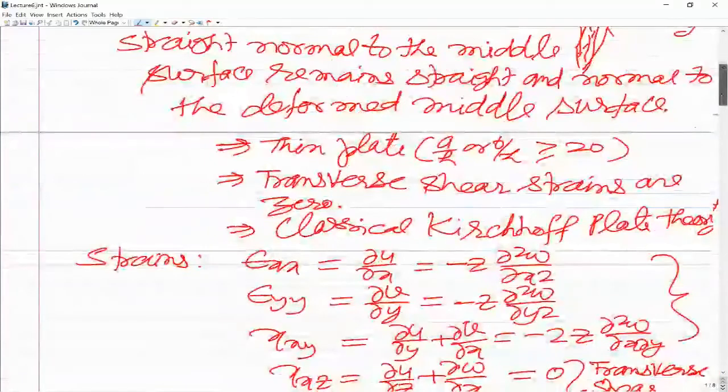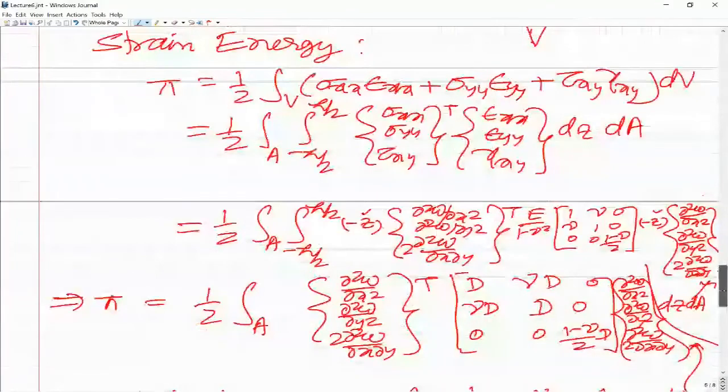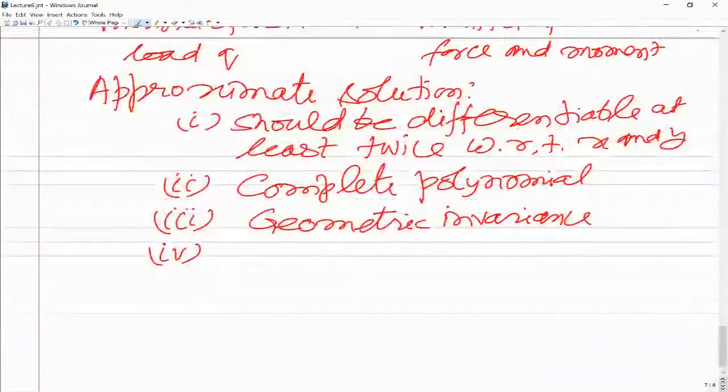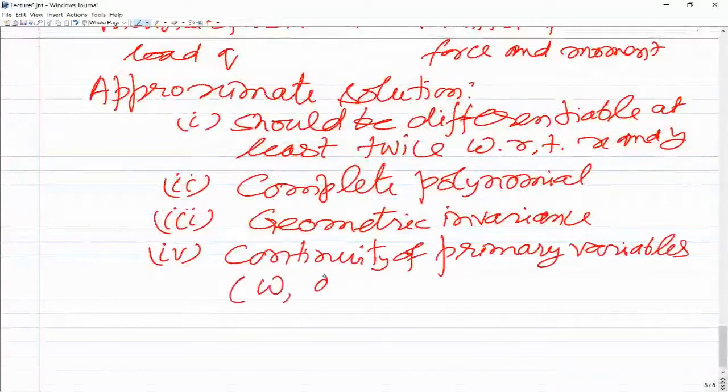So that means when we talk of the inter-element compatibility requirement, these primary variables, that is w, del w by del x and del w by del y, should be continuous across the element boundaries. So the inter-element compatibility requirement is continuity of primary variables, and what are the primary variables in this case? w, del w by del x, del w by del y.